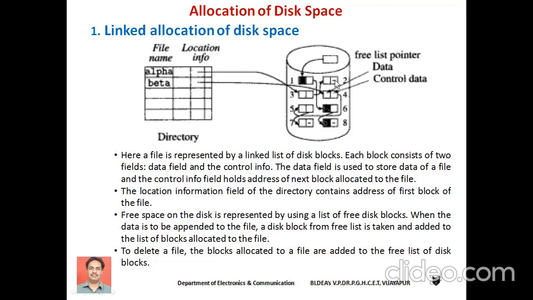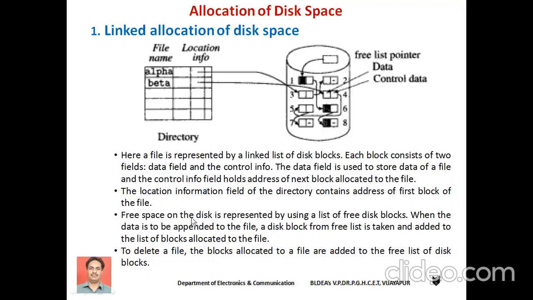Similarly, the control information of the second block will contain the address of the third block, and so on. However, in the location information field, we store only the address of the starting block. That's why this particular method we call linked allocation of disk space.